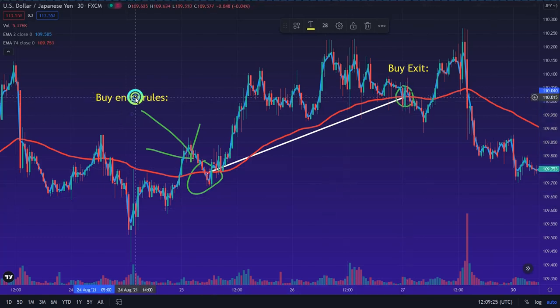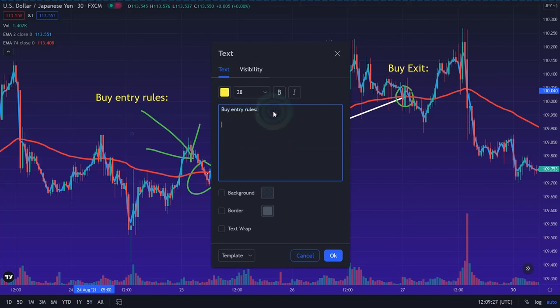So let's see. As I said, we are only using exponential moving averages, and first we will take a trade if a 3-period exponential moving average crosses below a 62-period exponential moving average.